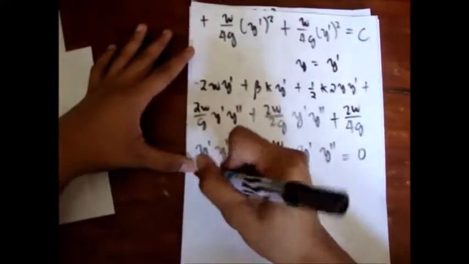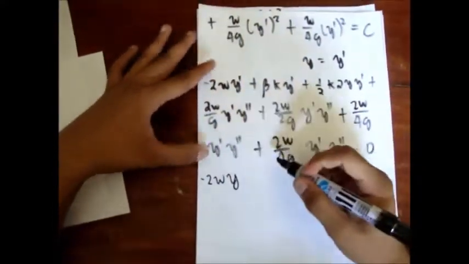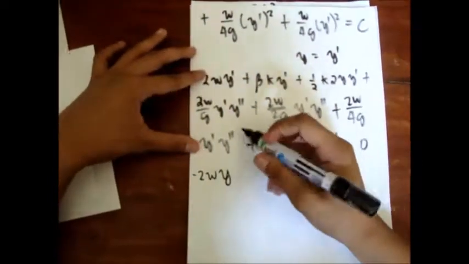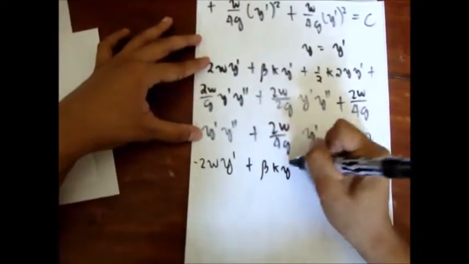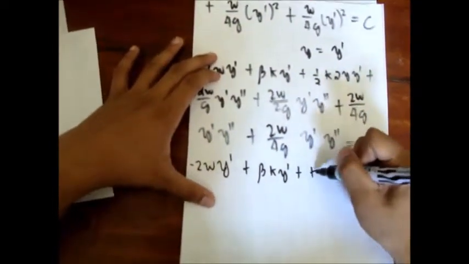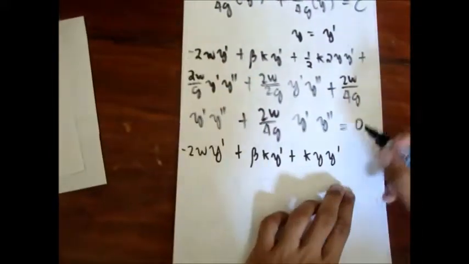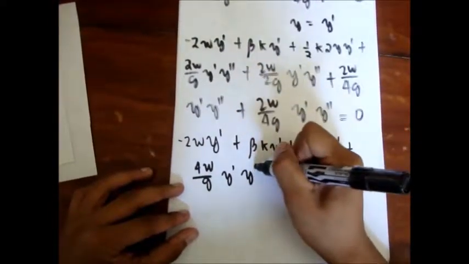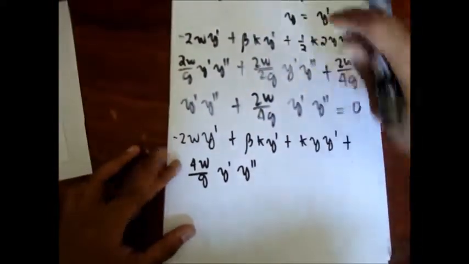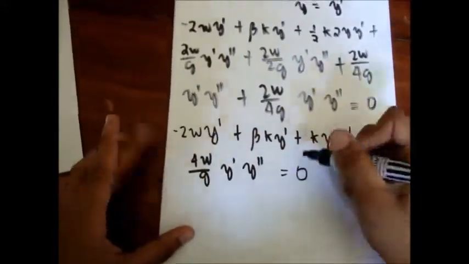So simplifying it further, we get negative 2w y prime plus beta k y prime plus ky y prime plus 4w over g y prime y double prime. Since we will combine like terms, equals 0.